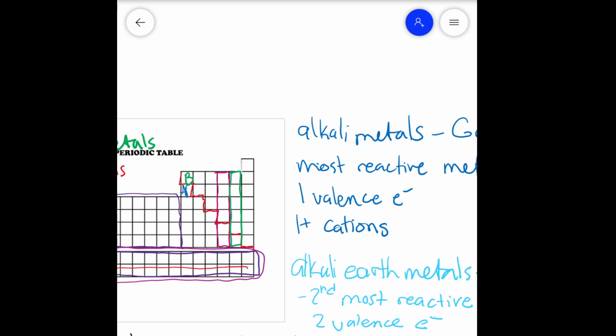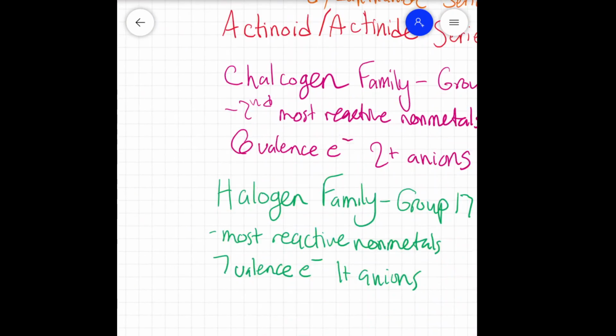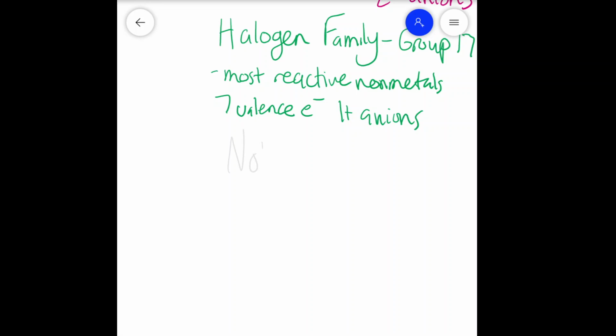Okay, and then the last group here, I'm running out of colors. This whole group here, that's the noble gases. That's group 18, and they are unreactive because they have 8 valence electrons, except for helium, which has 2.